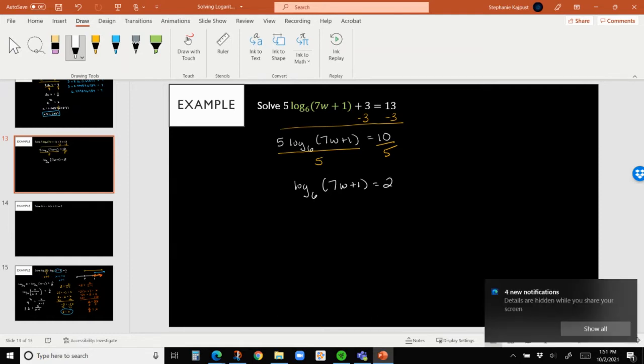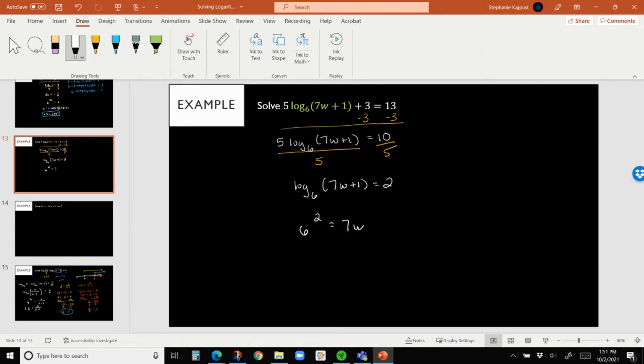So we're going to rewrite this in its exponential form. So we have 6 to the exponent of 2 equals 7w plus 1. So 6 squared is 36. So 36 equals 7w plus 1.